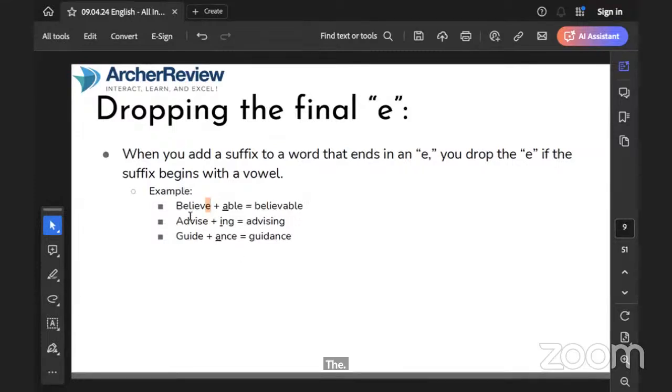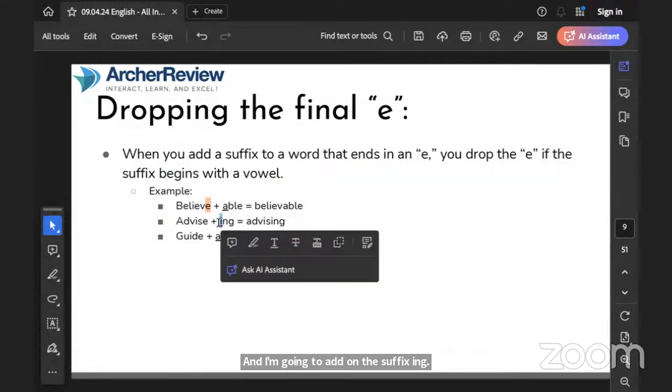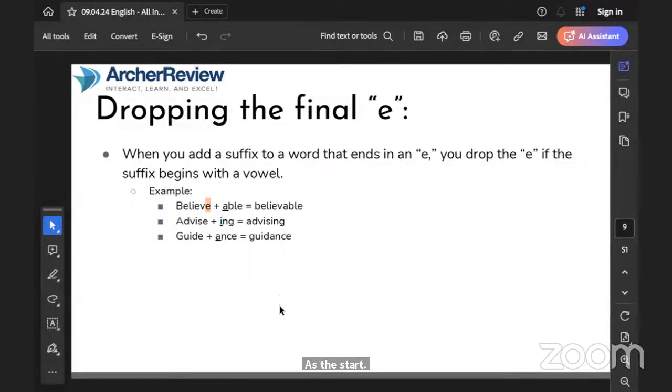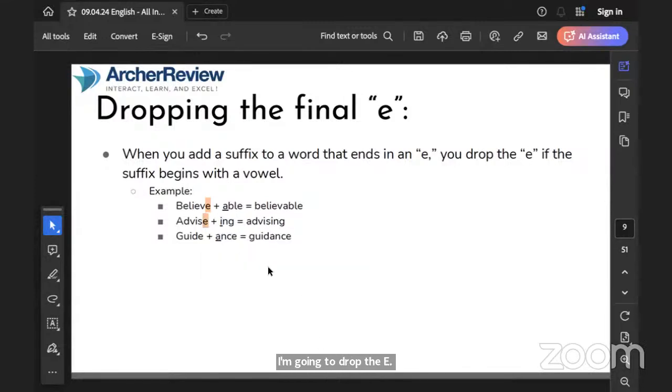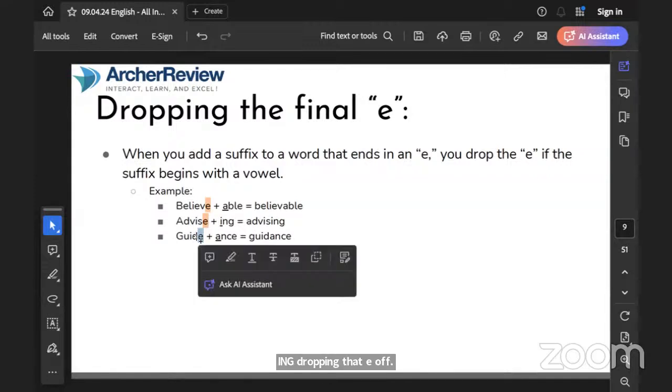With the word advise, and I'm going to add on the suffix ing, because I've got an I as the start to my suffix, I'm going to drop the E at the end of advise, and then I would have advising, dropping that E off. Same thing with guidance.